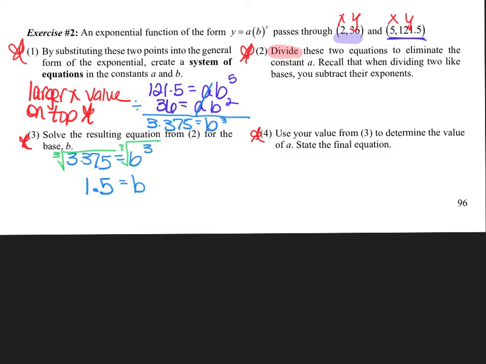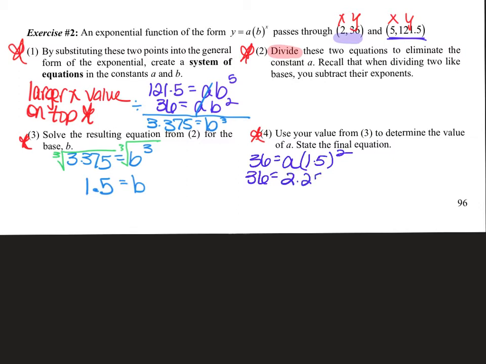It doesn't matter. It will get you the same answer. So my y is 36. I don't know my A, but I do know that my B is 1.5 to the power of 2. So I'm just going to solve for A. So I have 36 equals 1.5 squared is 2.25.